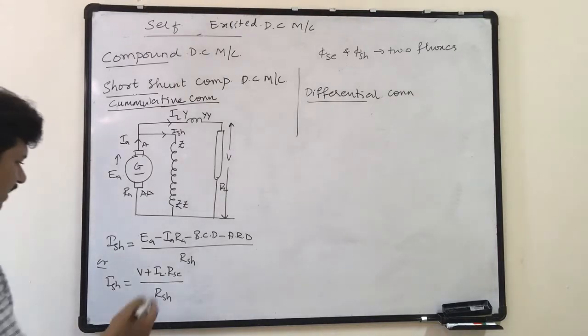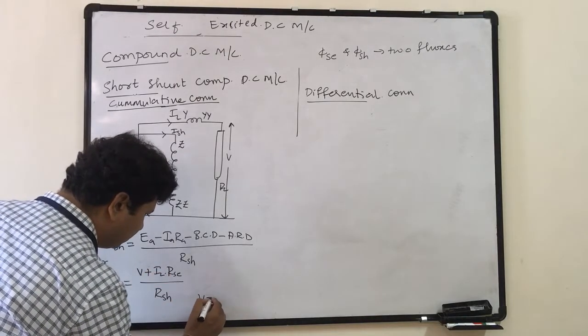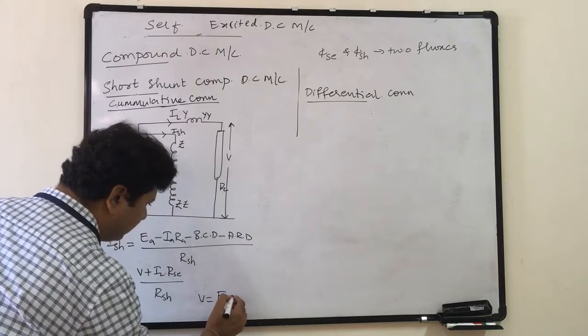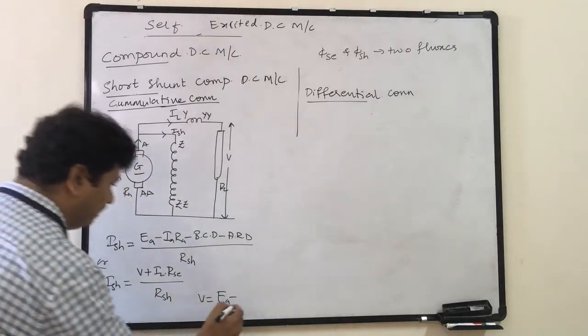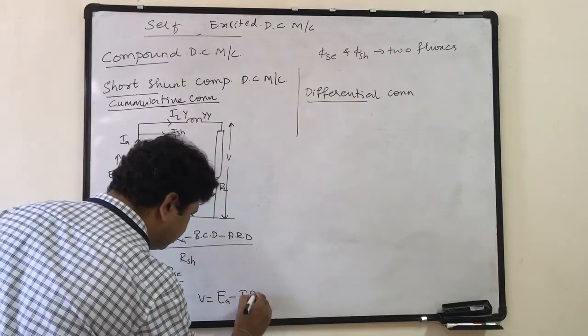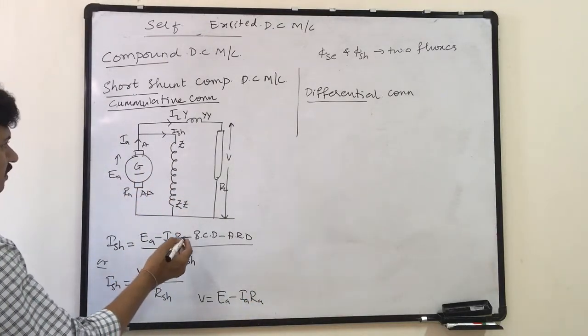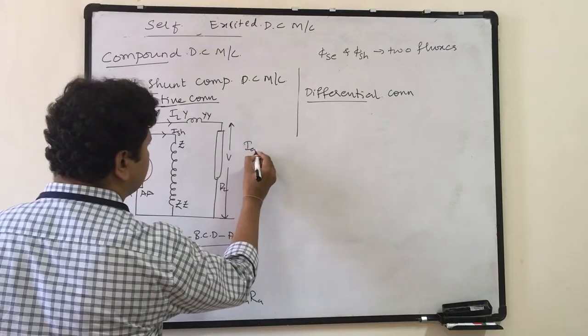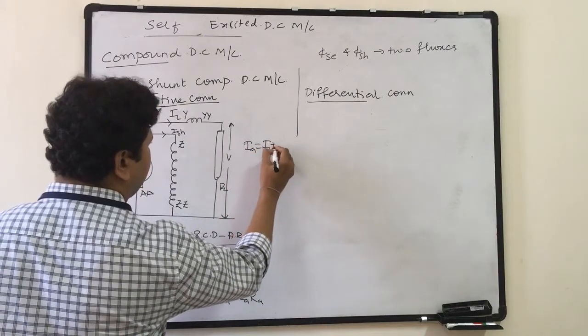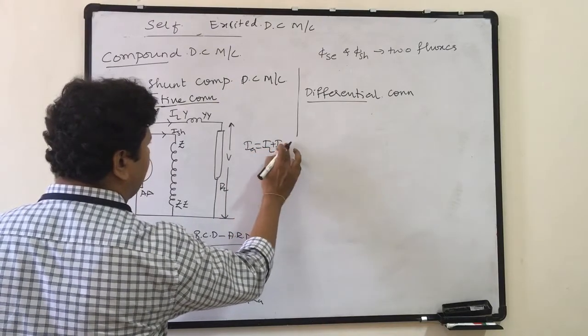Then what is V? V is equal to EA minus IA RA, and before that, what is my IA? My IA is IL plus ISH.